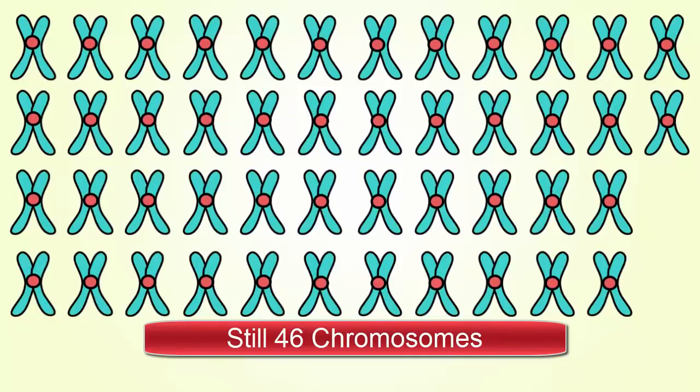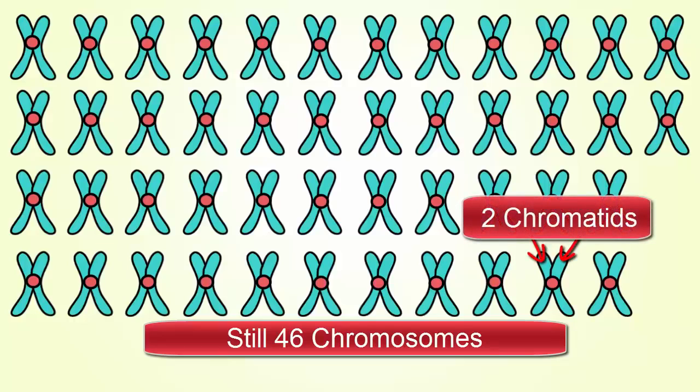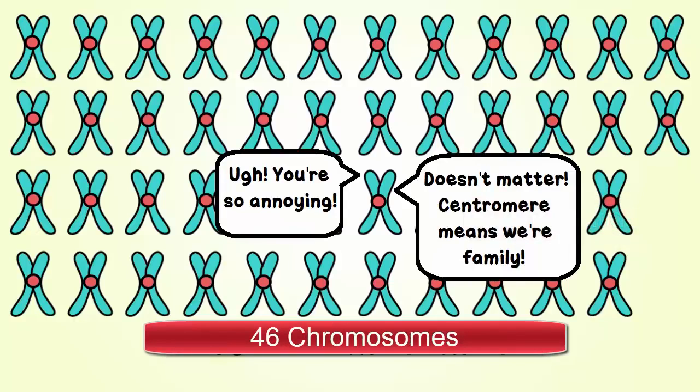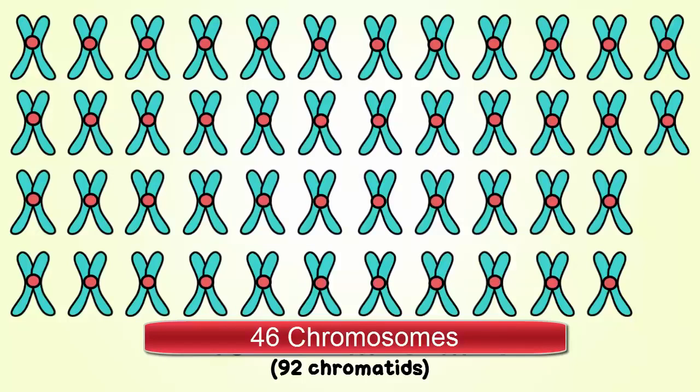But after duplicating in interphase, we still have 46 chromosomes technically, but they have 2 chromatids. We call them sister chromatids, and they're held together at 1 centromere. As long as those chromatids are still attached at the centromere, we still count 46 chromosomes, but they're duplicated.